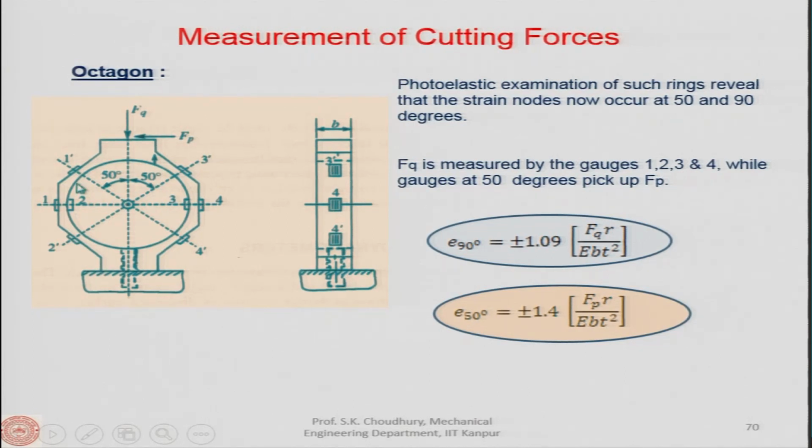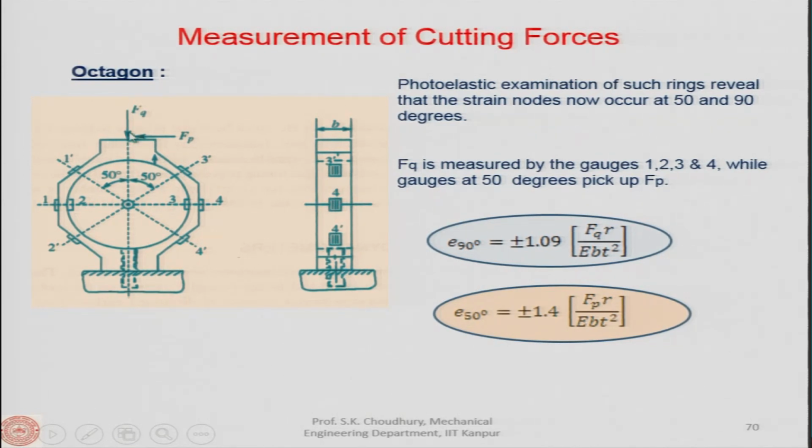In this case, as you can see, the sensors are attached as 1 prime, 2 prime, 3 prime and 4 prime at an angle of 50 degree for the forces we are measuring, FQ and FP.